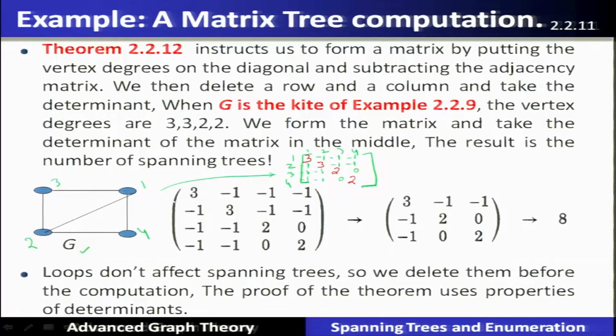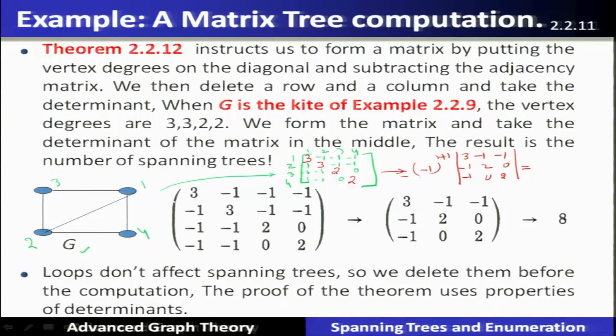Then we are going to compute the determinant, or a cofactor, of this particular matrix. For example, (-1)^(1+1) times the determinant of the remaining matrix, and we have to find out this value.